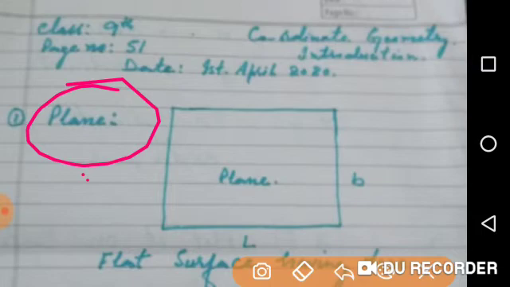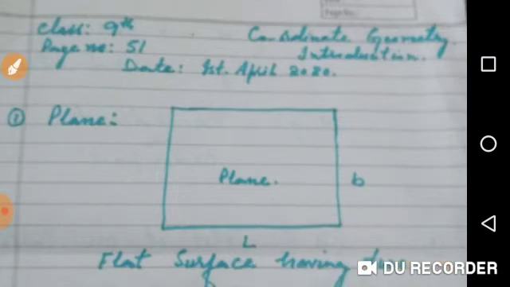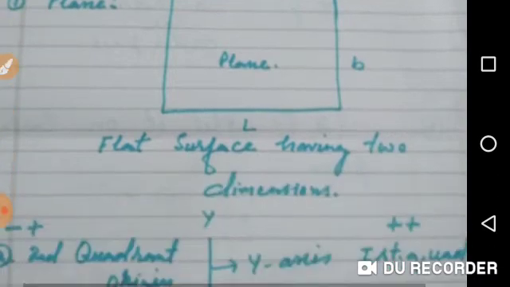Plane can be explained well with the help of the diagram which I have drawn here. If you look at it, you will find it is a flat surface having two dimensions, length and breadth. Such a flat surface having two dimensions is called a plane. So this is a plane.